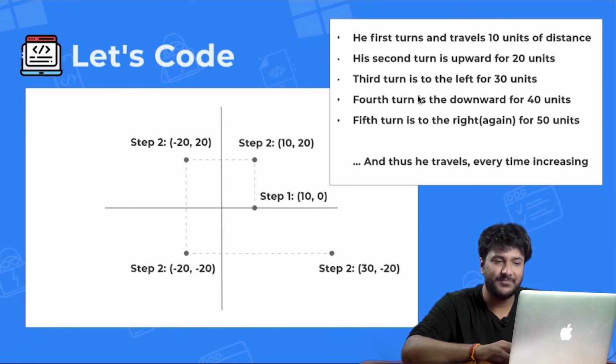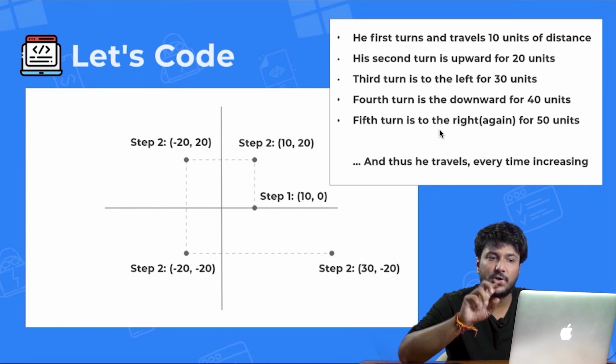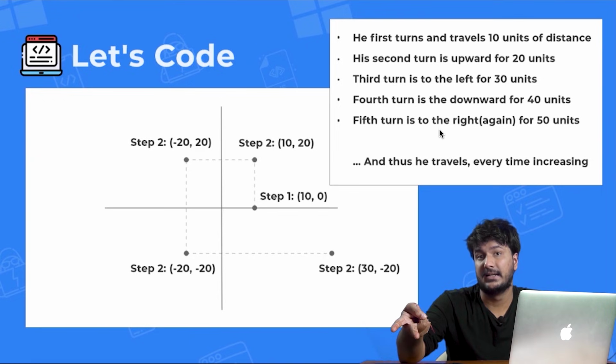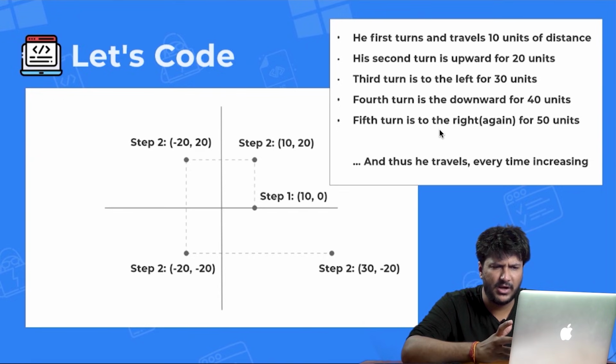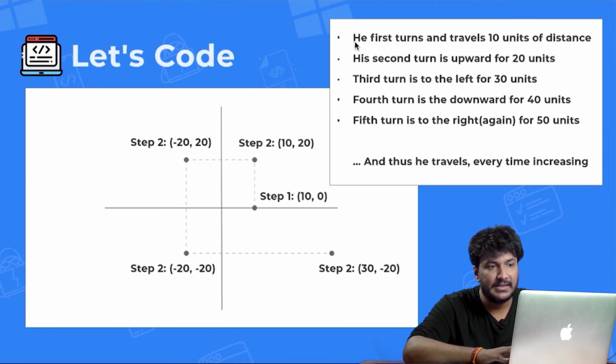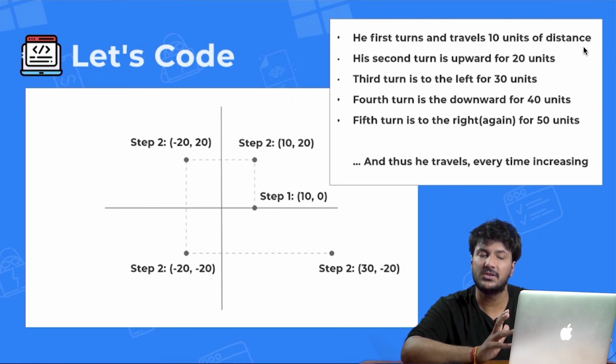They are saying the fifth turn is to the right again. So this is a very important keyword. Second turn upwards, third turn left, fourth turn downwards, fifth turn right again. So this must be true that the first turn is towards the right and 10 units of distance, right? So that is what they are saying.